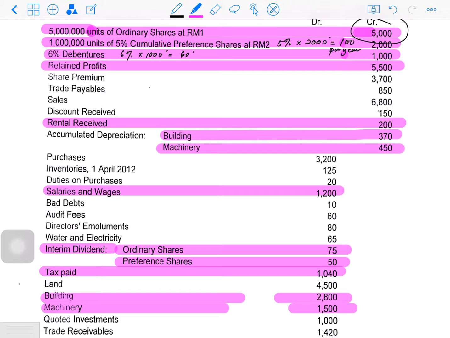Okay, next we have trade payables. These are items inside statement of financial position under current liability. Statement of financial position, current liability. Okay, trade payables. Next we have sales. This item sales is in what?